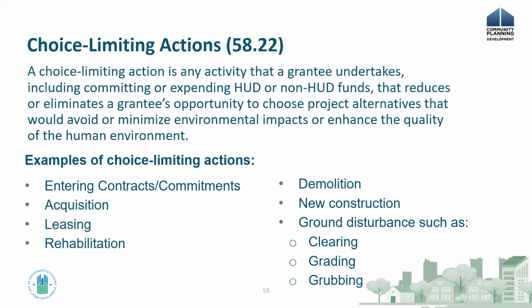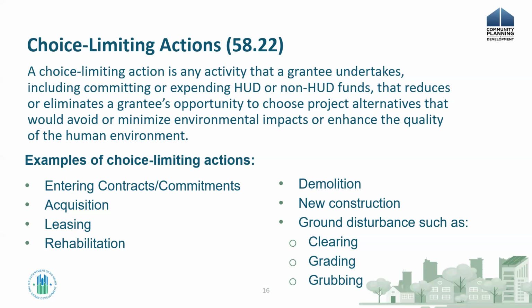Same thing with leasing a structure or a property, or conducting rehab in a particular building. If you're doing those things prior to that environmental review consideration, you're limiting your choices of doing this project in another location. Obviously, same thing with demolition. If you've already demolished a structure, or if you're constructing a new one, you're really limiting yourself to that site, that structure for the project.